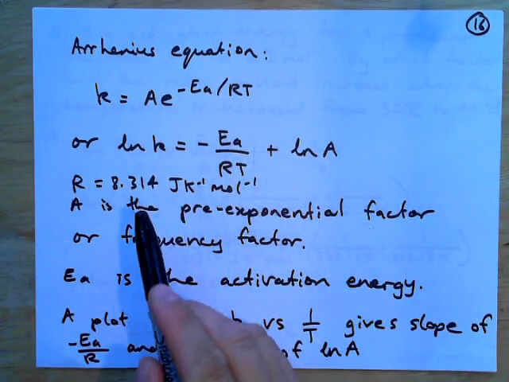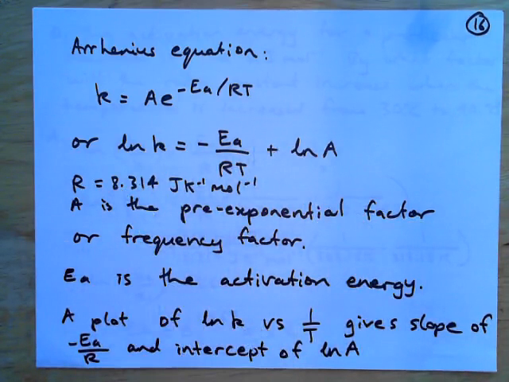Now the R you've got to use is 8.314 joules per kelvin per mole. Do not use the other one that we use as the gas constant, 0.08206 liter atmospheres per mole per kelvin. Don't use that one.